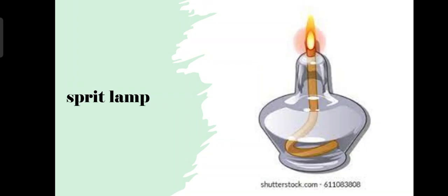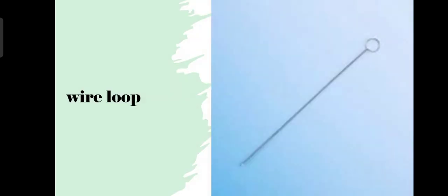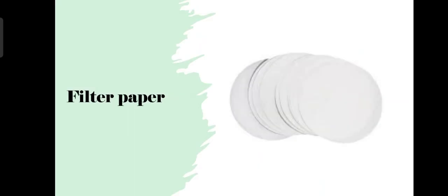Spirit lamp, used to heat up substances. Wire loop. The loop is used in cultivation of microbes on a plate by transferring inoculum after sterilizing. Filter paper, used to filter samples.